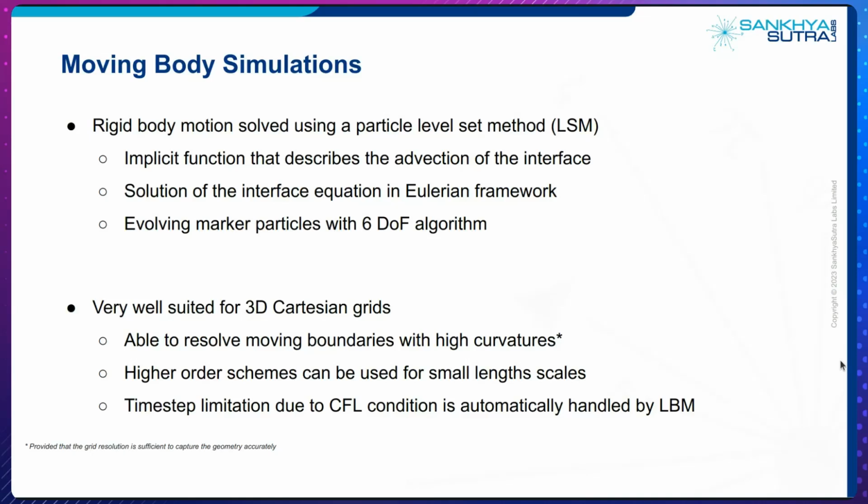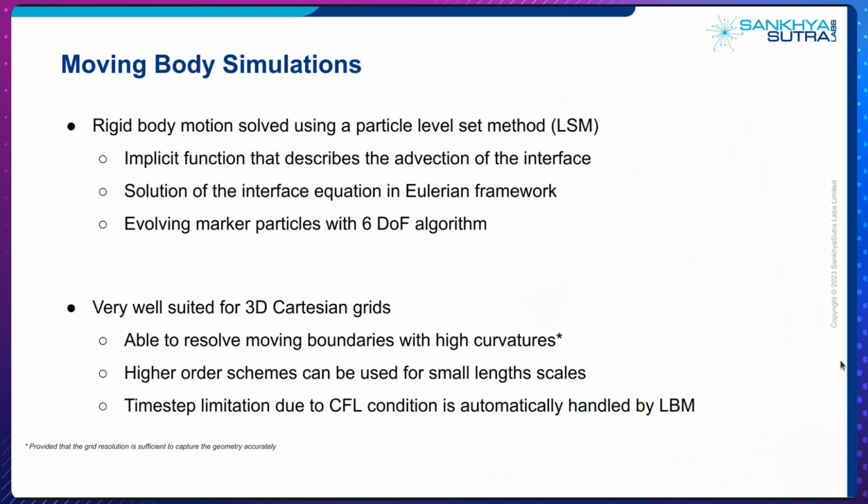So this particle level set method is very well suited for 3D Cartesian grids like the one used commonly with lattice-Boltzmann methods. And it's able to resolve fast-moving boundaries with high curvatures as well, provided that your grid is sufficiently resolved. And higher order schemes can be used for smaller length scales.